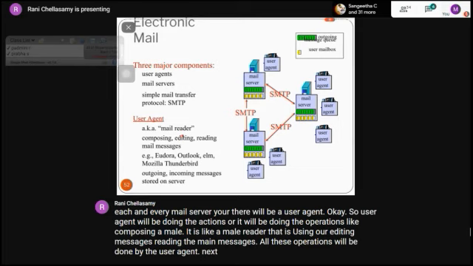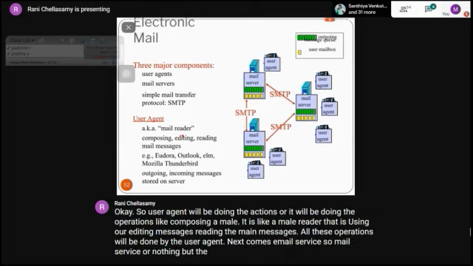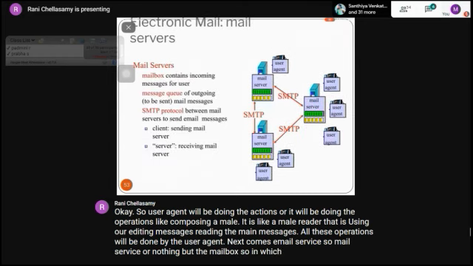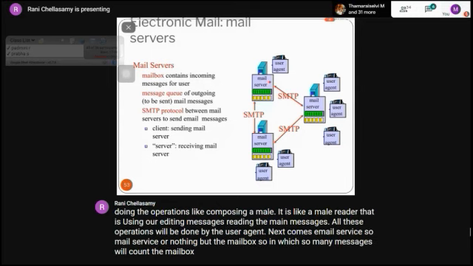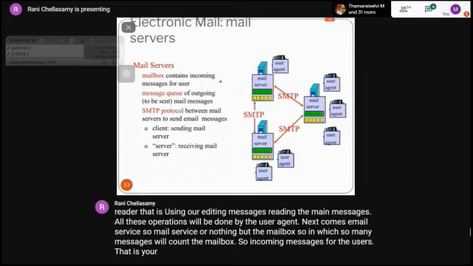Next come the mail servers. Mail servers are nothing but the mailbox, in which many messages are put. Incoming messages for the users go into your mailbox. So mail servers contain the mailbox and a message queue.